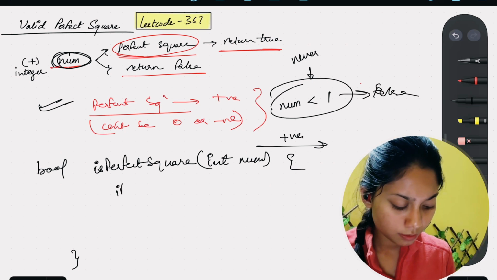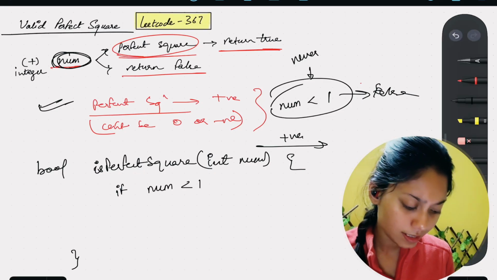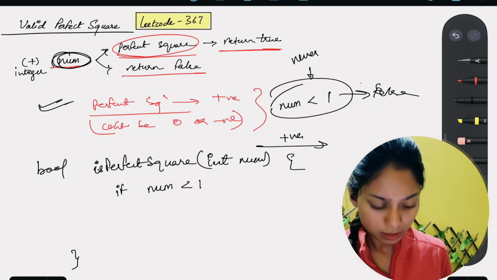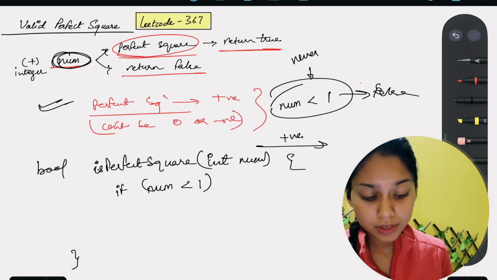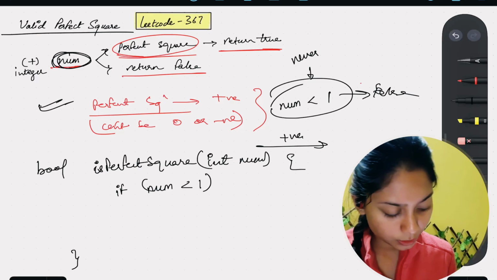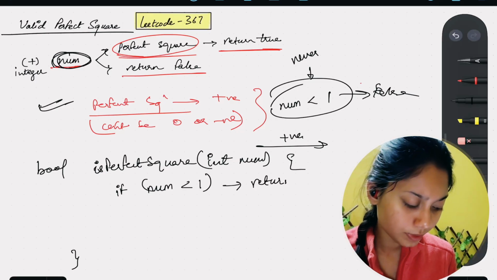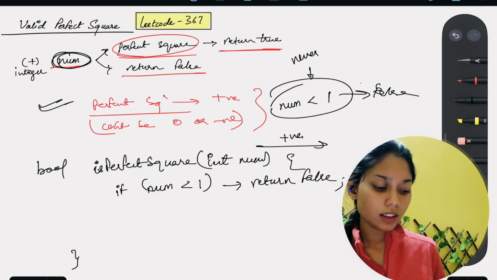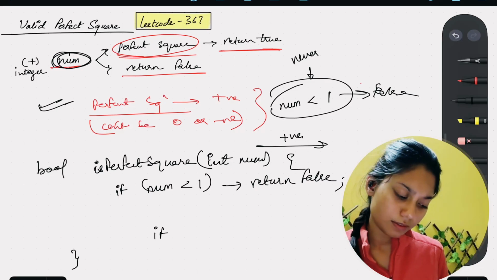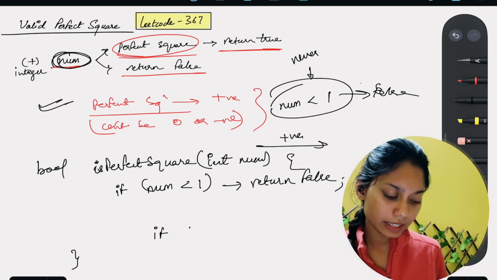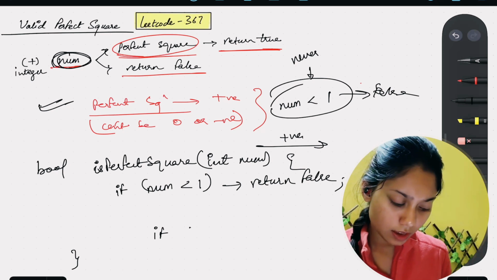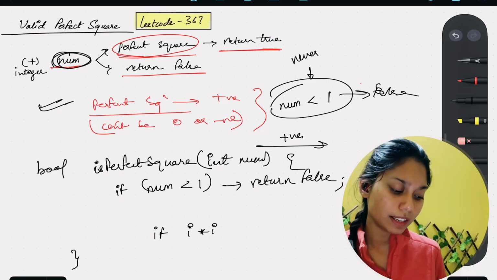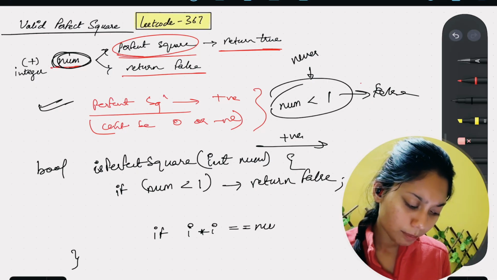So if our num is less than 1, then obviously that number cannot be a perfect square, because perfect square numbers are not 0 or negative. So here we're going to return false simply. After that, we need to check if there is any integer i such that when it is multiplied by itself it leads to num.